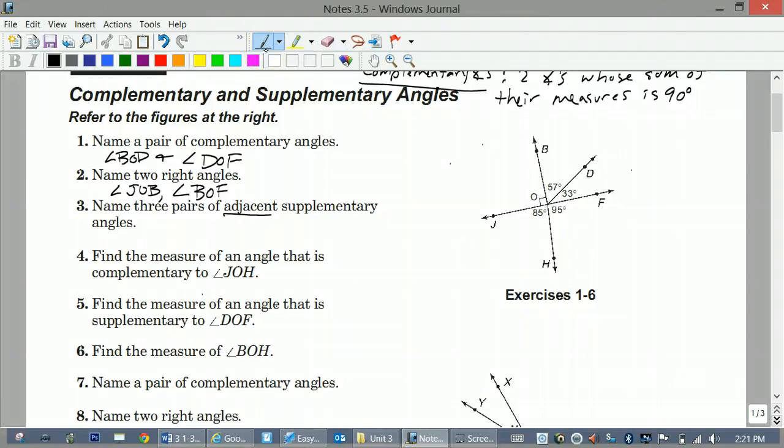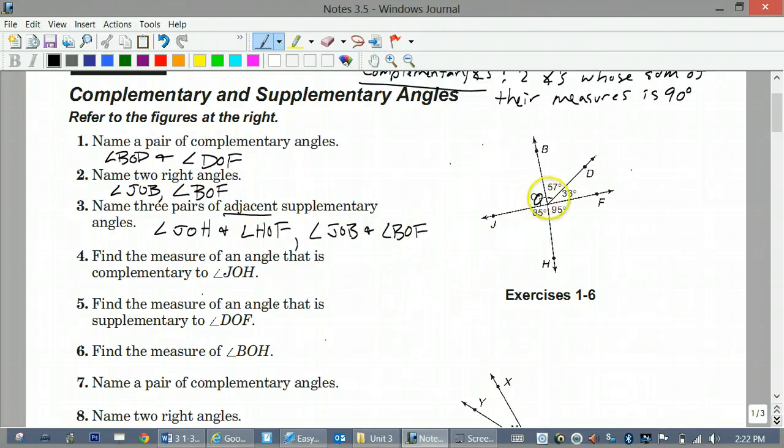Anyway, so adjacent supplementary. Did you get one pair? Angle JOH, angle HOF. Angle JOB and angle BOF. Yeah, they do.